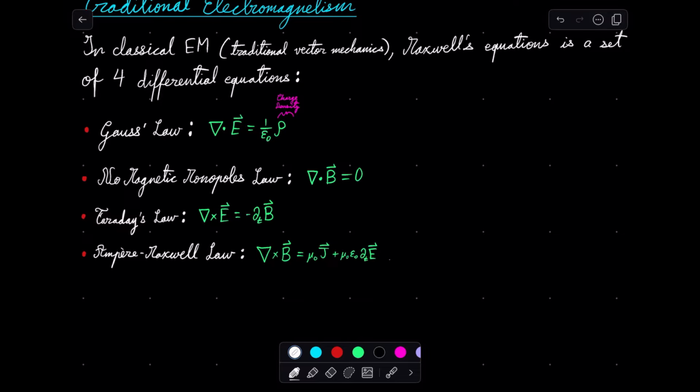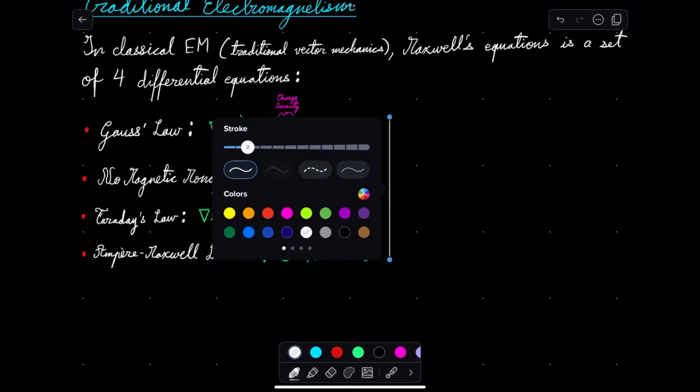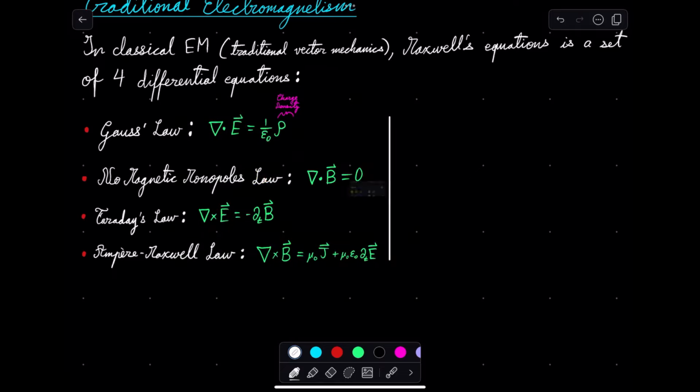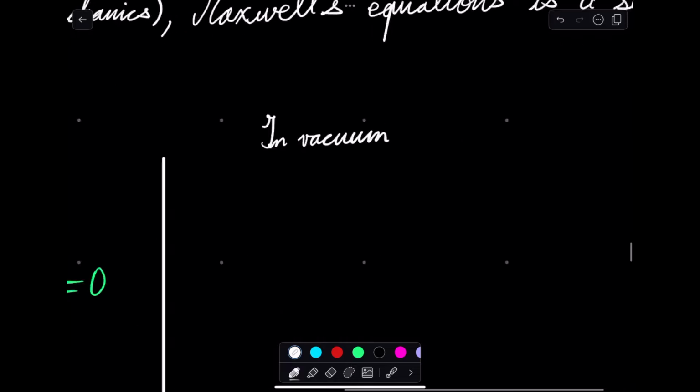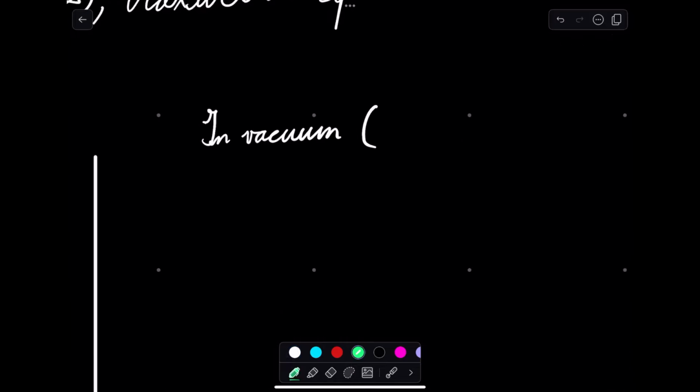Now you can write these out in vacuum. In vacuum, which is a physics term, rho equals 0 and J equals 0.